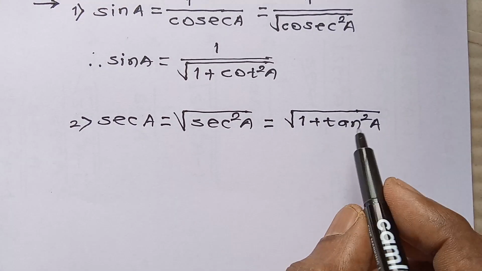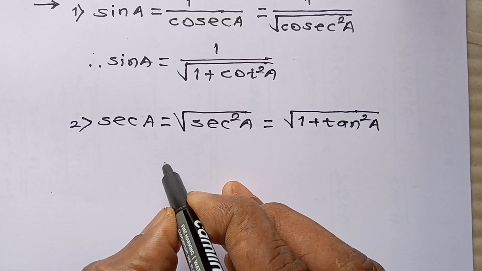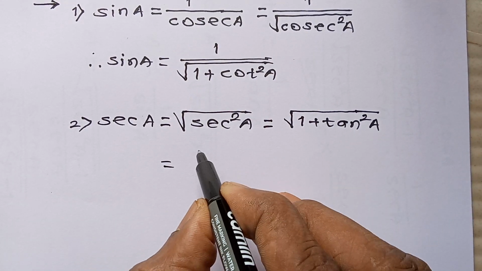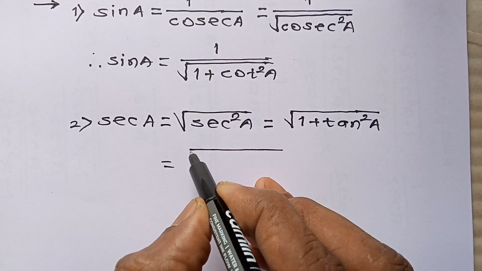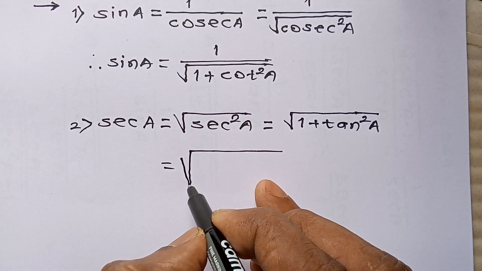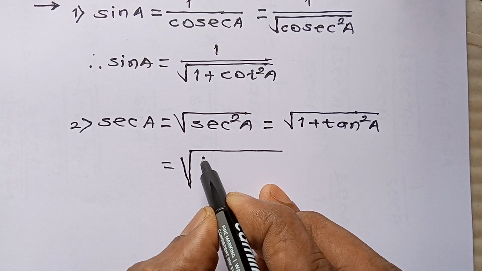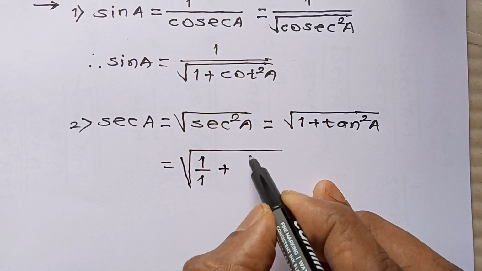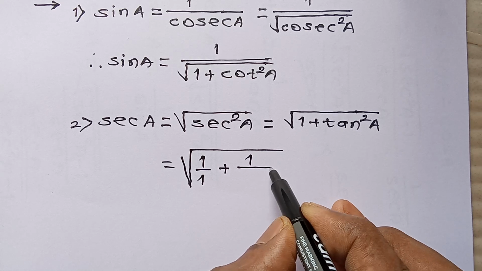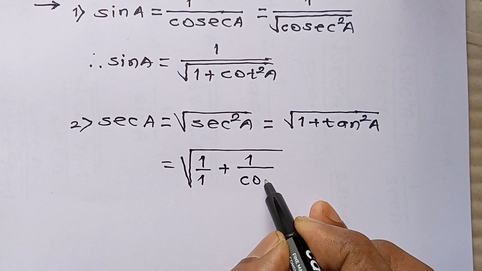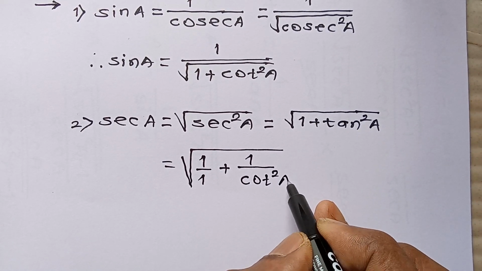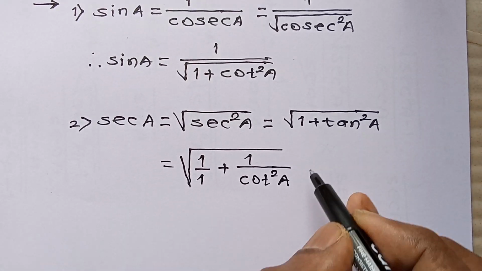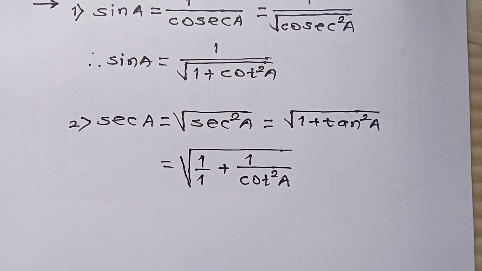Now we apply the formula for this tan square A. Therefore we write square root of 1 plus 1 upon tan square A, where we convert this tan into cot, because we want all these trigonometric ratios in the form of cot A. So we write this way.